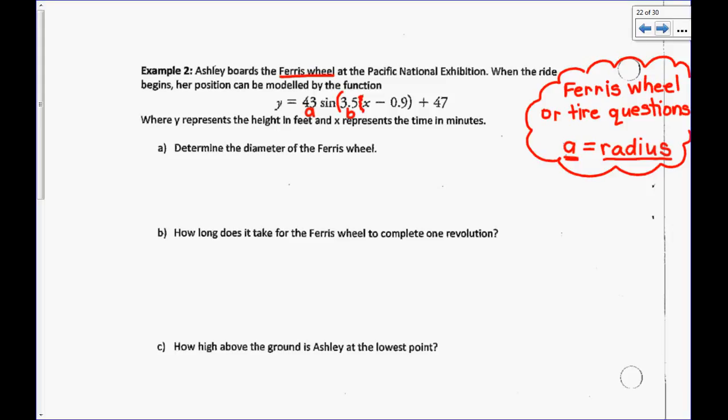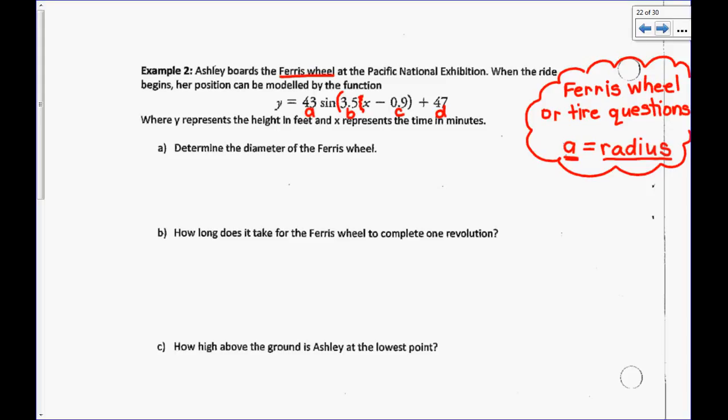So if you want to switch it just so it looks a little more like the form that we've been using, that's fine either way. Your C is 0.9 and your D would be 47. It says where y represents the height in feet and x represents the time in minutes.